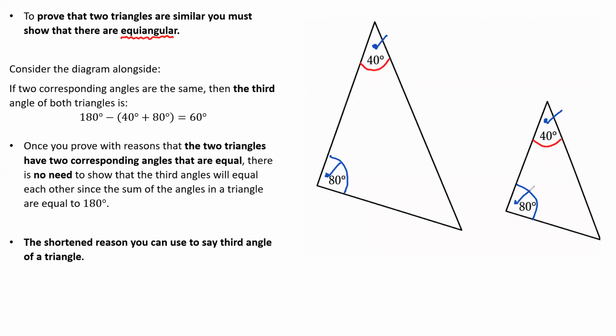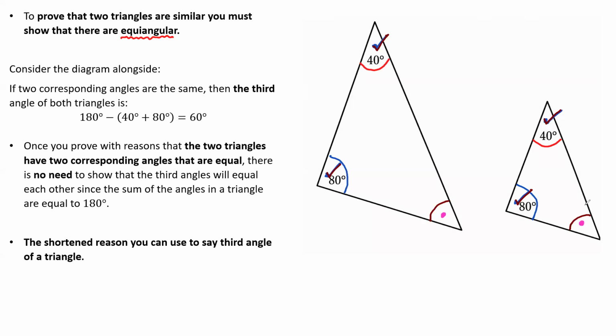Now, if you want to show the third angle of a triangle, if I know that 40 degrees and 80 degrees on one triangle are equal to 40 degrees and 80 degrees on the other triangle, then by extension, this angle has no choice but to be equal to that one.